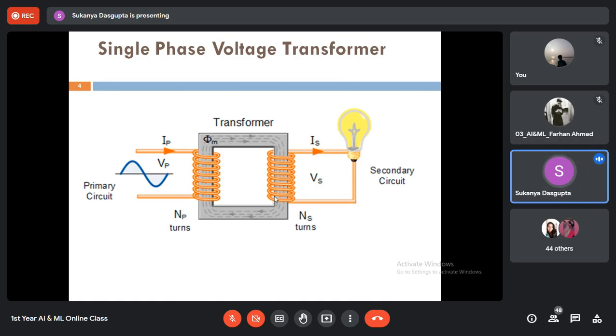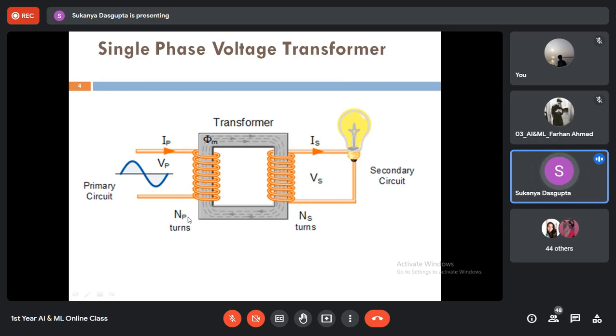That means the EMF produced at the coil is proportional to N d phi by dt. Right? What is this N here? NP, because now we are talking about this side of the transformer, which is called the primary side, right? So the primary side EMF, or the primary induced EMF, will be proportional to N d phi by dt.